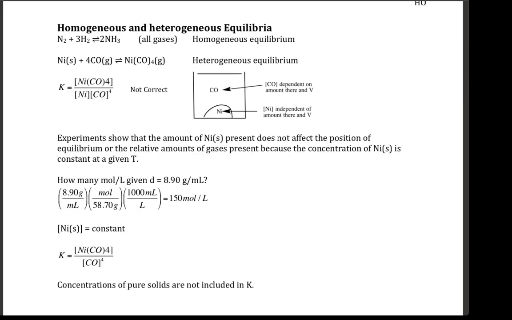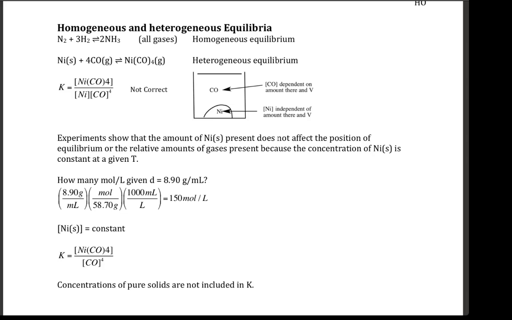Our next section is homogeneous and heterogeneous equilibria. So in our reaction we just looked at, N2 plus 3H2 in equilibrium with 2NH3, we were told that those are all gases. That's what we would refer to as a homogeneous equilibria.